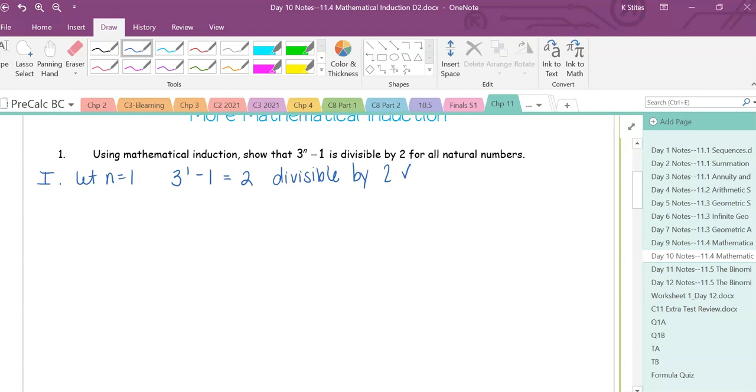Okay, so statement 1 is confirmed. So now condition 2, or statement 2, we are going to assume that n is some value k. And to do that, we're going to do just as we did in the past. We're going to plug a k in to this statement here. Okay, and again, we are going to assume that this is also divisible by 2.